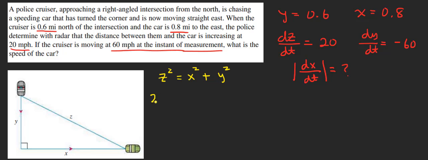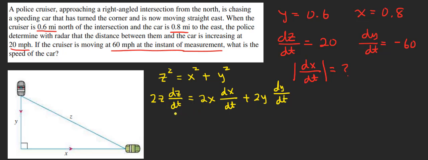You get 2z dz/dt equals 2x dx/dt plus 2y dy/dt. You have 2 on every term, so you could cancel out the 2, dividing each term by 2. And let's plug in the given information.